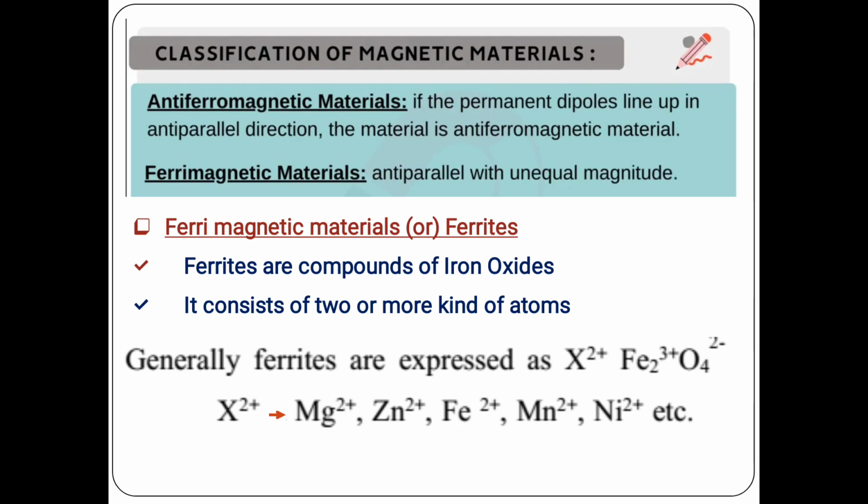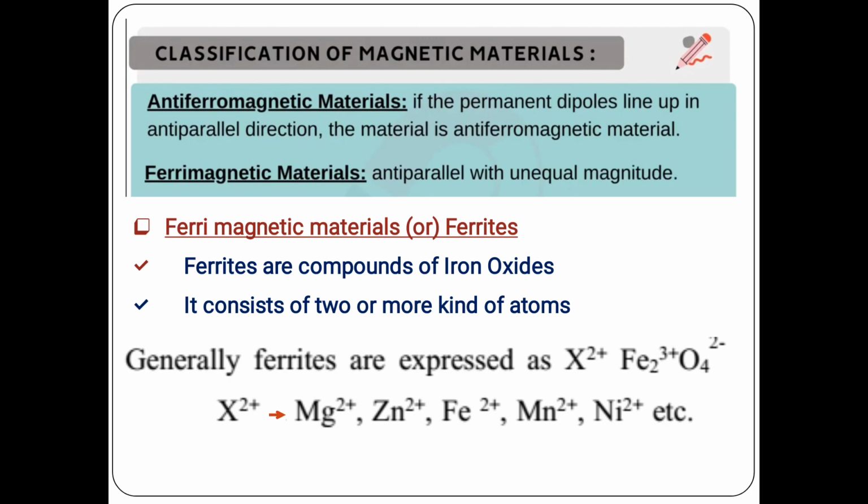If the permanent dipoles line up in anti-parallel direction with unequal magnitude, it is called a ferrimagnetic material. These ferrimagnetic materials are also called ferrites. Ferrites are compounds of iron oxides consisting of two or more kinds of atoms.